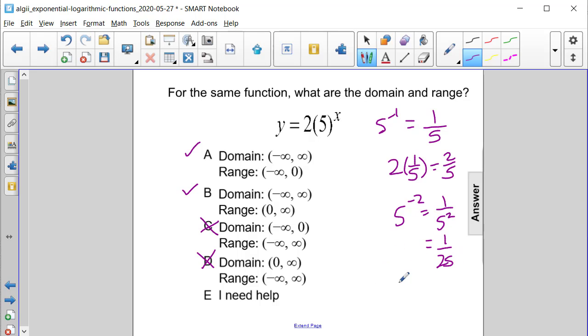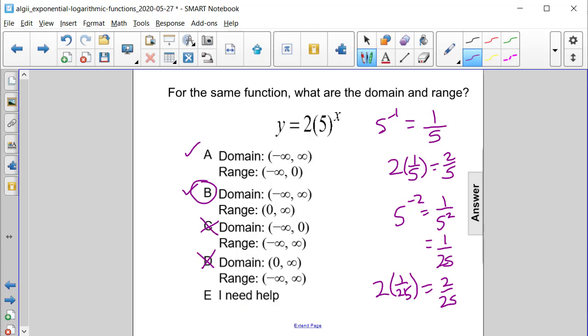And then let's multiply this by 2, because that's the number outside of our parentheses here. 2 times 1 over 25 will give us 2 over 25, which is another very small number. It's approaching 0, but it's never going to reach 0. Therefore, the correct answer here is B for the domain and range.